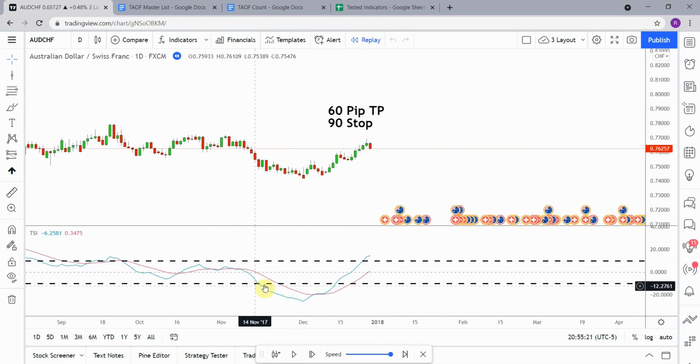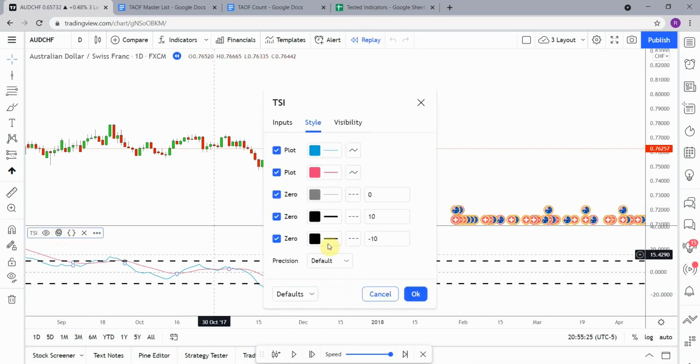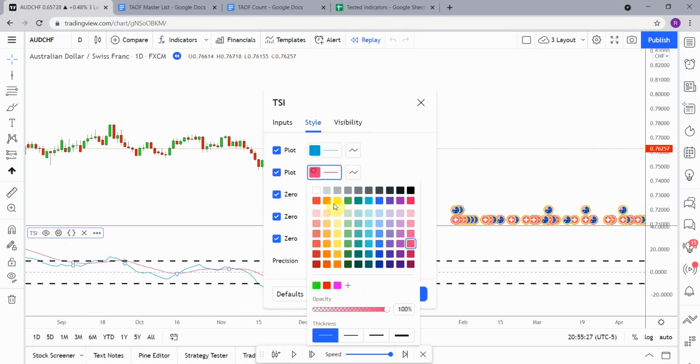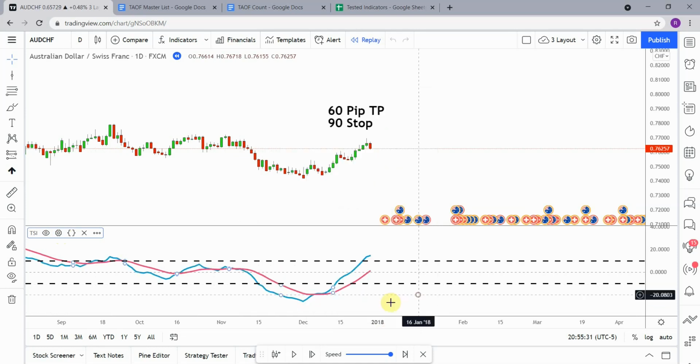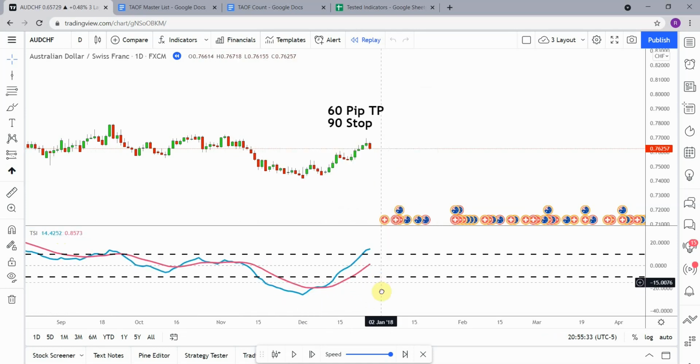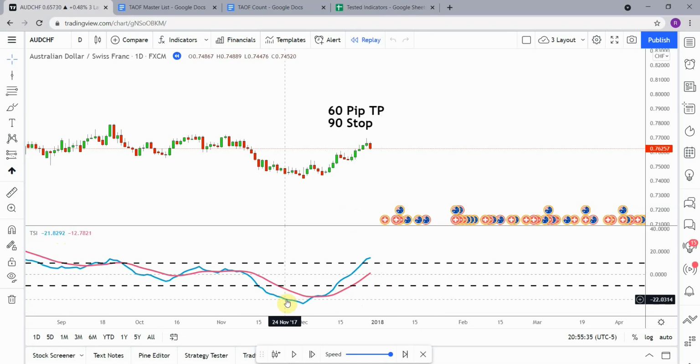And so once the two lines here get down into the oversold area, so the area down towards the bottom right here, then what we are looking for is for the blue line here to cross up over the purple line.